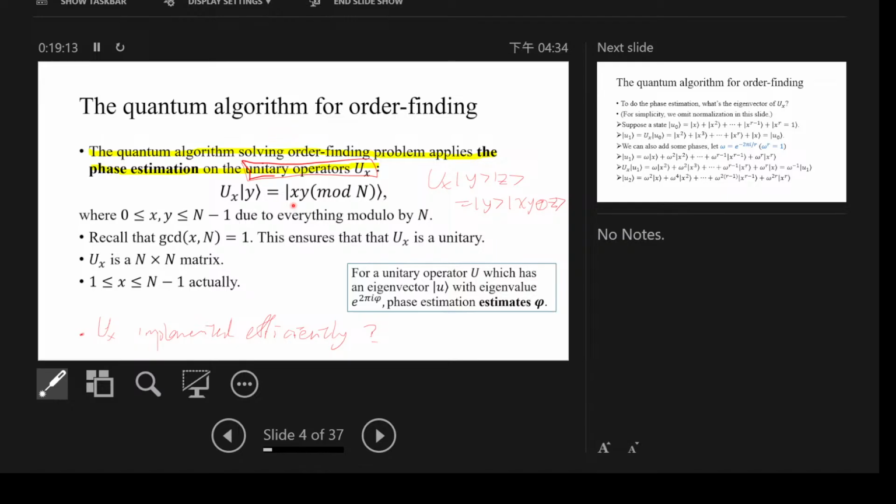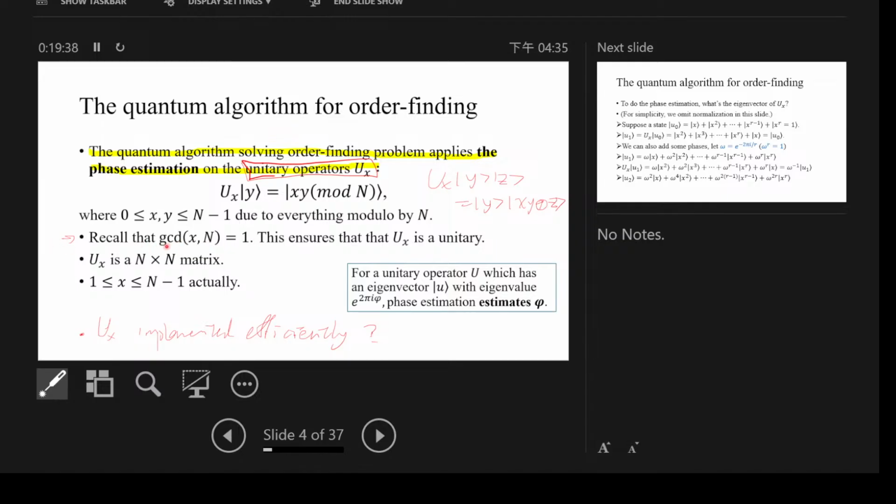Because GCD(x, N) is 1, you want this thing to be reversible, so you want U_x inverse to exist, meaning dividing by x mod N also exists.